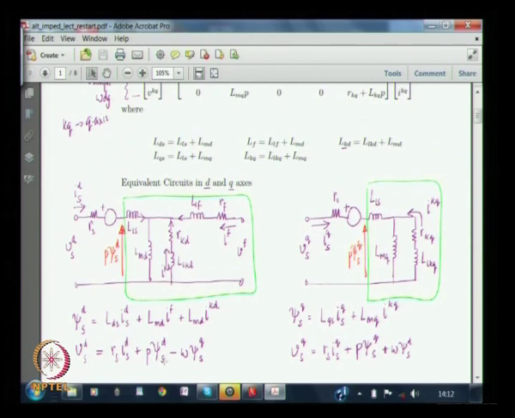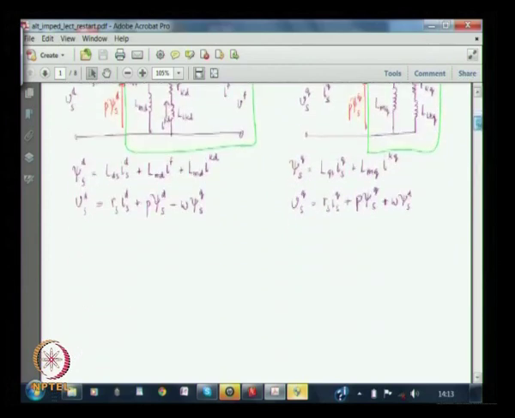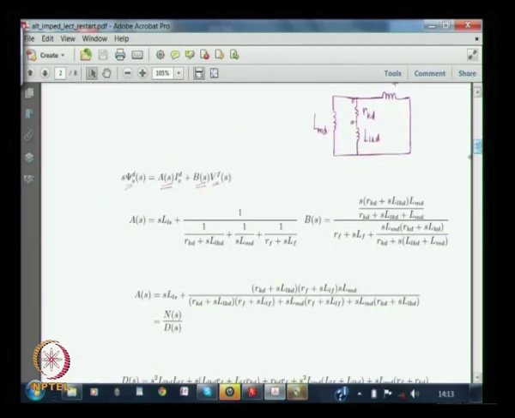In order to understand these two terms better, that is d by dt of psi d and d by dt of psi q, we looked at the circuit enclosed by this rectangle here, and the same for the q axis, and then we tried to analyze the expressions d psi d of s and d psi q s, which led us to various expressions, combining of terms and simplifications.